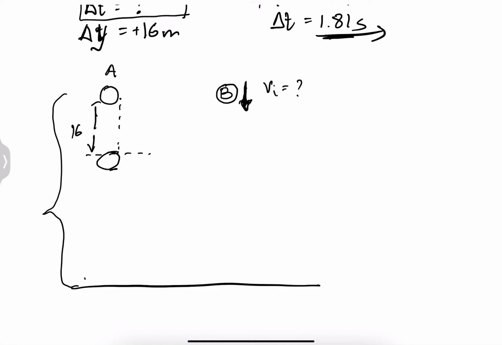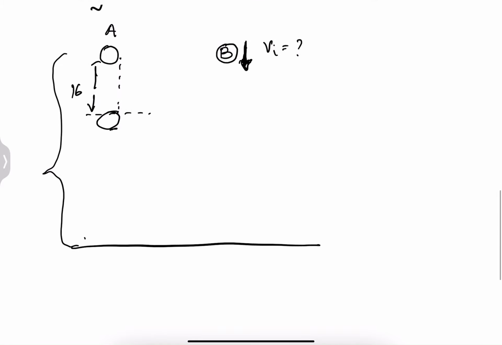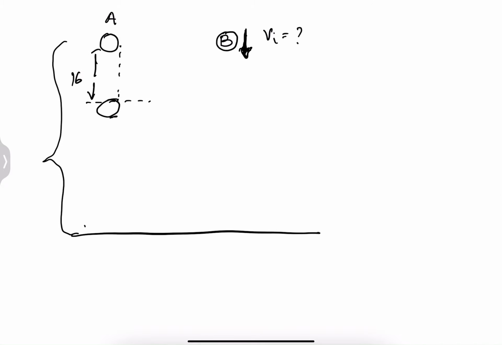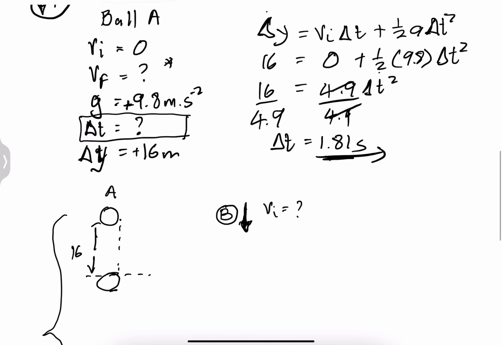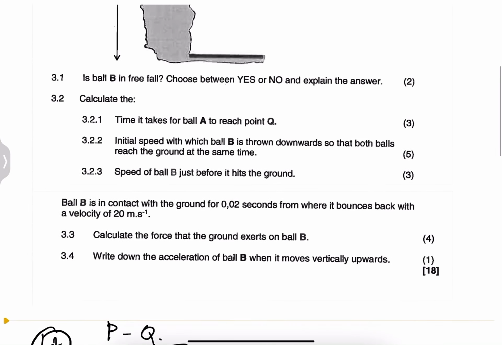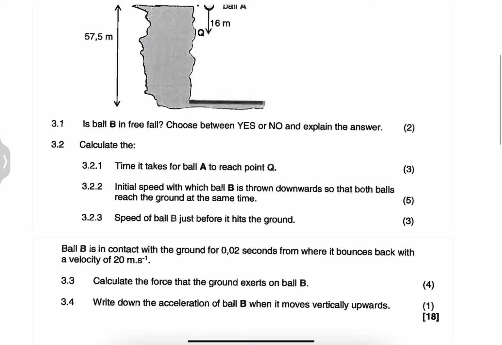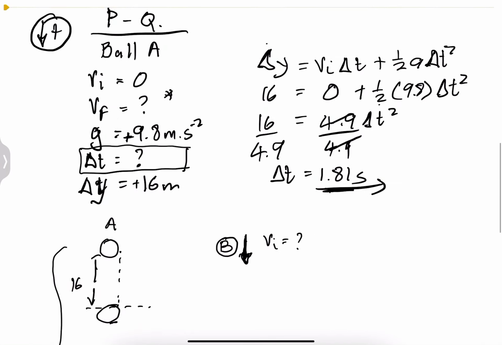I hope I'm making sense. So let's find out the time, and remember, the height from where ball A was thrown up until the ground is 57.5.